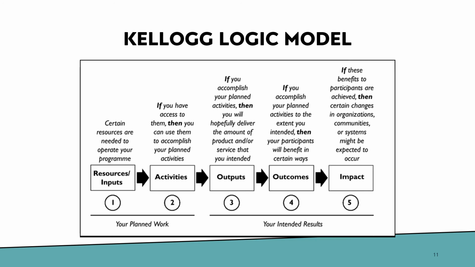Long-term outcomes, people have better control of their health care and their health. And then impact, more refugees are meeting benchmarks for quality health maintenance over time. So that's your impact. That's what you're trying to get to.